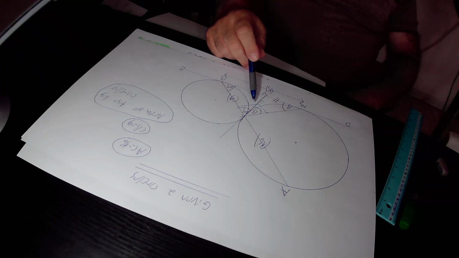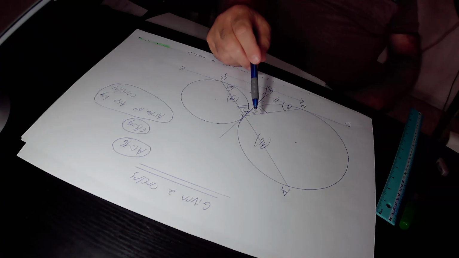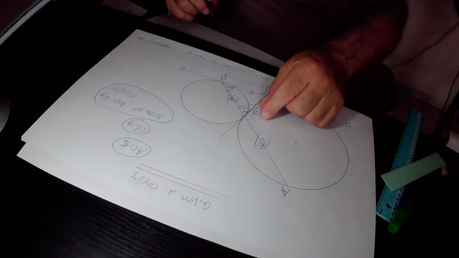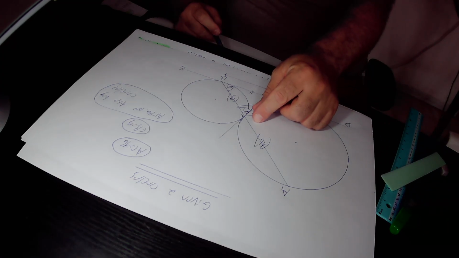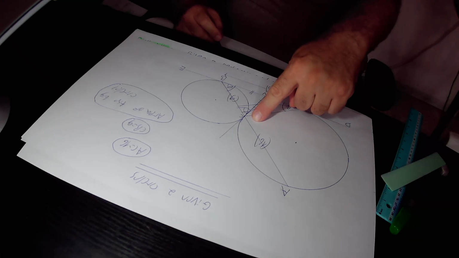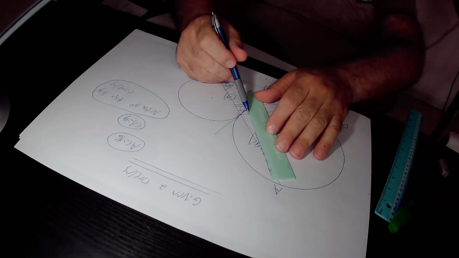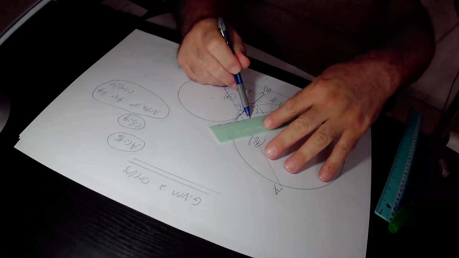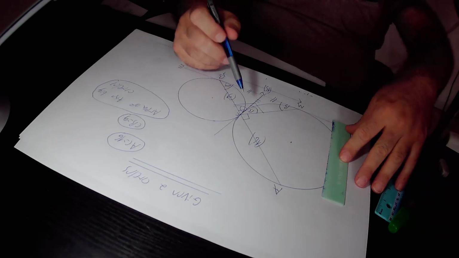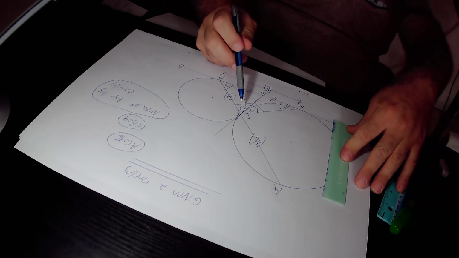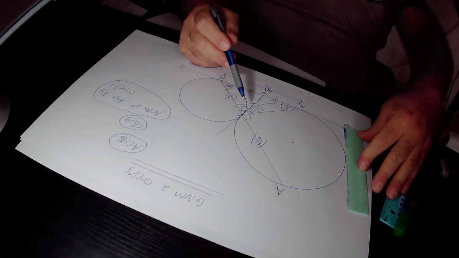We have this right angle plus this missing angle. In total, the sum of those two angles must be equal to 180 degrees according to rule 3. Therefore, this missing angle must be equal to 90 degrees. That is to say, angle MCA is a right angle.